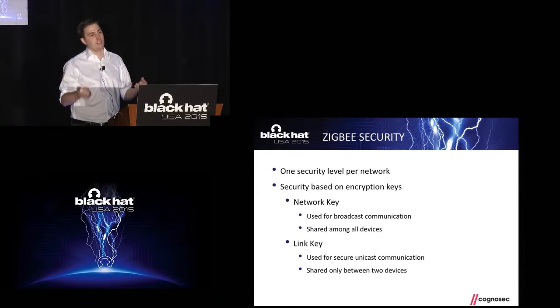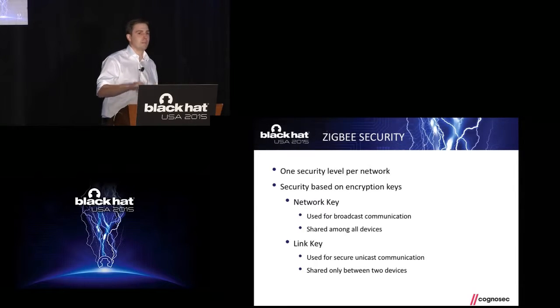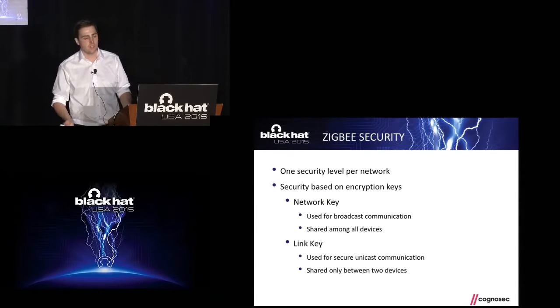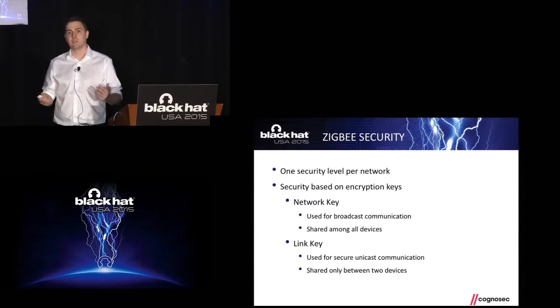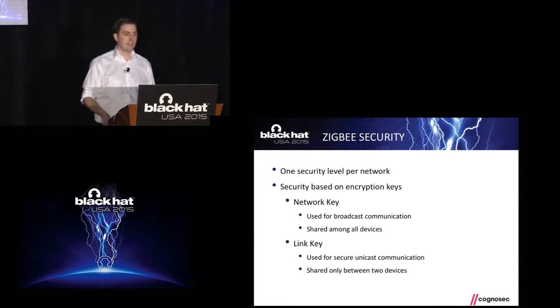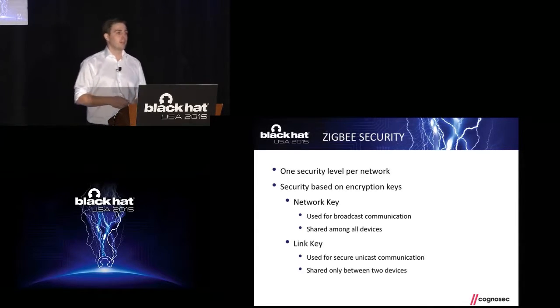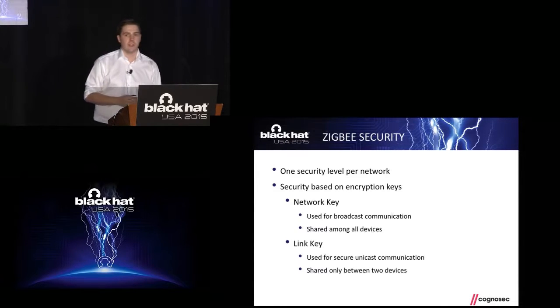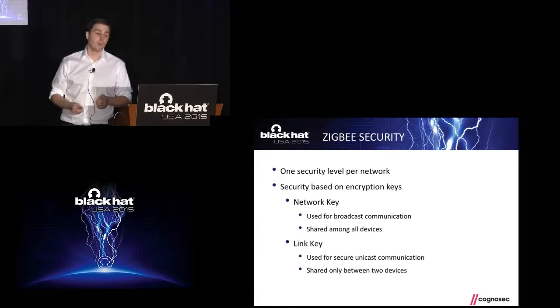The key is shared among all devices, so every device in your network knows this key and can do message forwarding, routing, and that kind of stuff in an encrypted way. For devices that require higher security, like door locks, they provide so-called link keys. They are used for unicast communication, and they're only available to two devices. So not every device should be able to open the door lock.